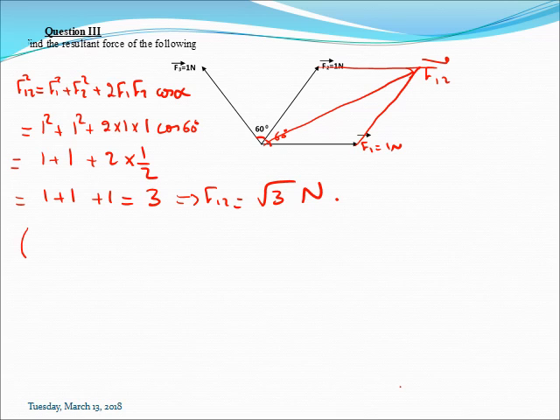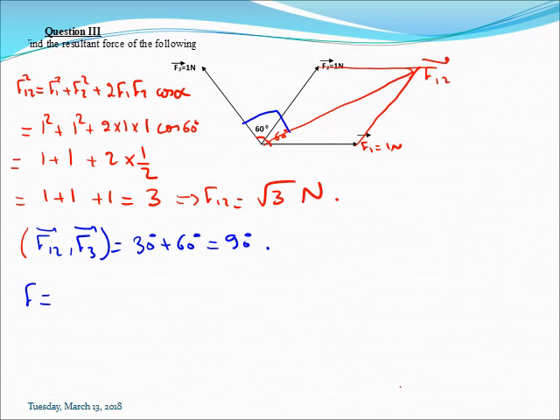Now the angle between F12 and F3 is 90 degree. Angle between F12 and F3 is equal 30 plus 60 equal 90 degree.